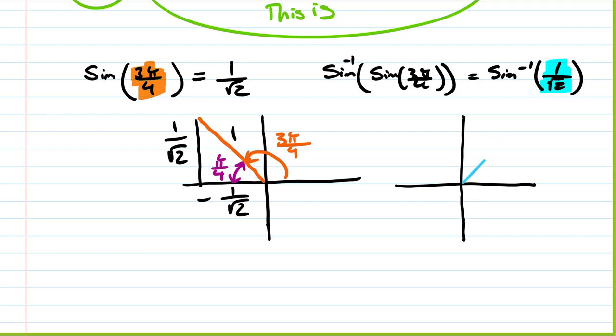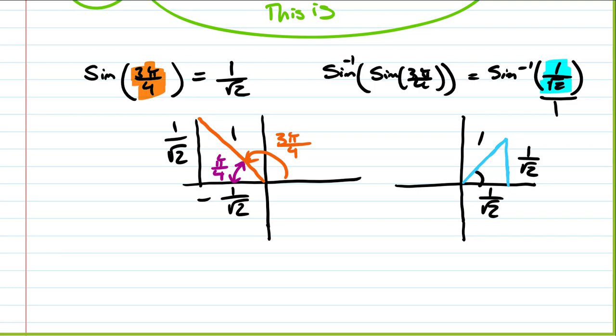So then, since it's positive, that tells us it has to be in quadrant 1. And sine is opposite over hypotenuse. So that's 1 over the square root of 2. But we're on the unit circle, so that's not going to work. It's really this over 1, which makes this 1 over the square root of 2.